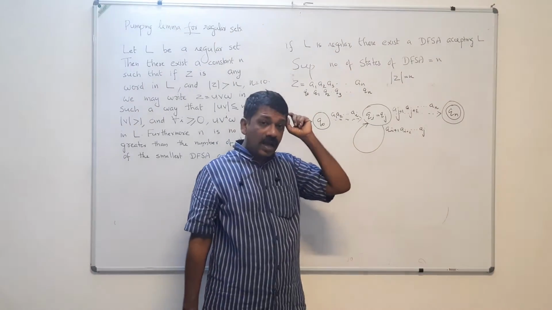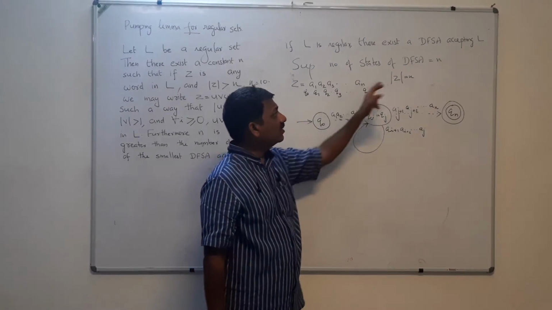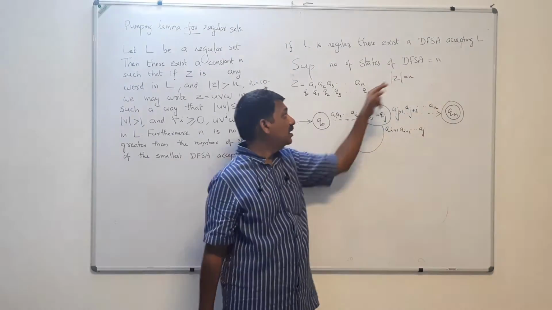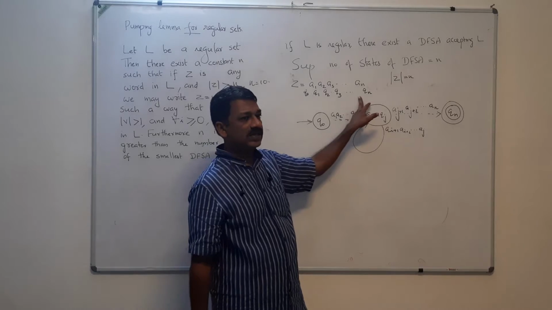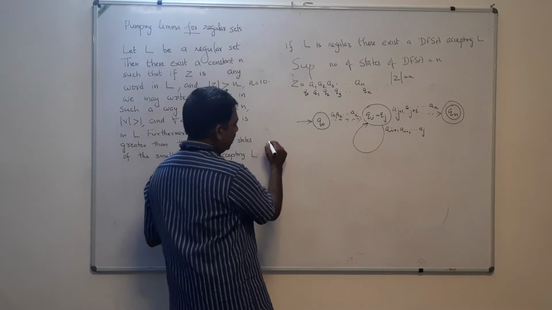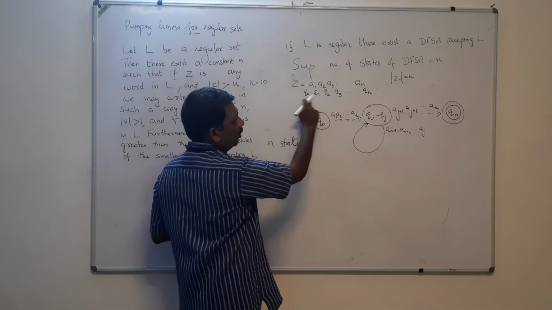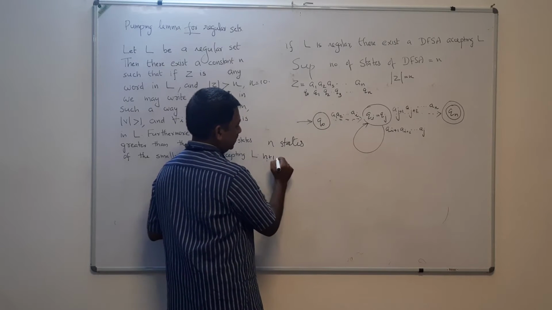But as per our assumption, we have only n distinct states. So we have only n states, but we have passed through n plus 1 states.